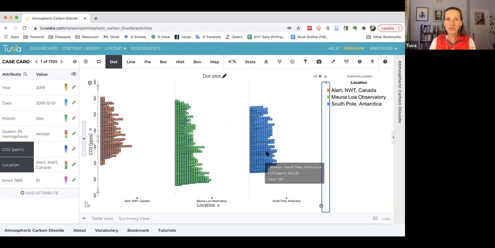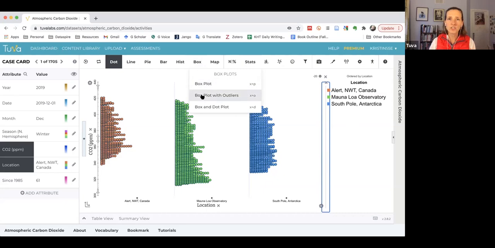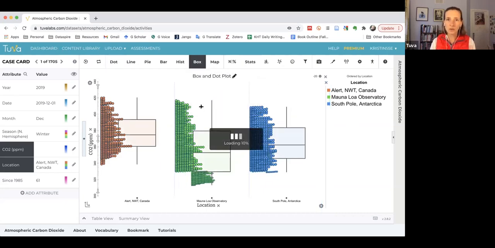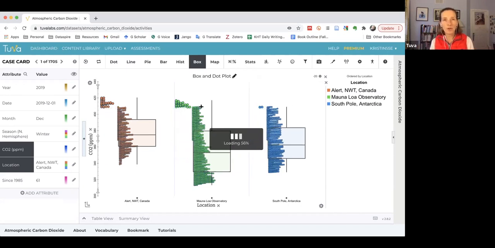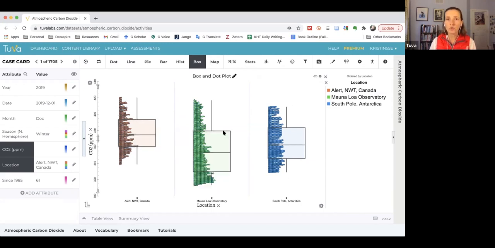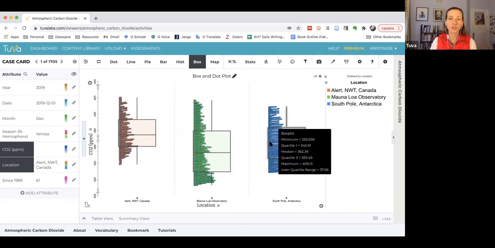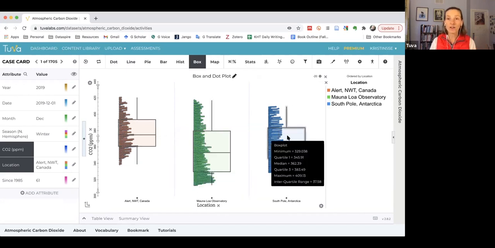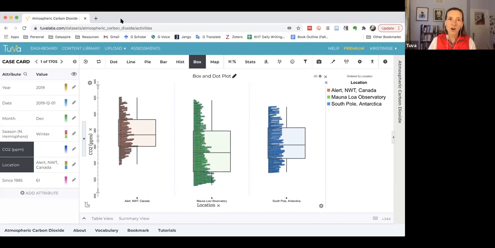We can sort of see what's going on, but we can also switch to a box plot, where we've got a 5-point summary of our data to get a sense of where 50% of the values for carbon dioxide over time fall in Canada near the North Pole, in Hawaii in the middle of the Pacific Ocean, and at the South Pole down in Antarctica. The reality is there's an awful lot of overlap. There's a lot of similarity across these different locations, even though they're in wildly different places around our globe.